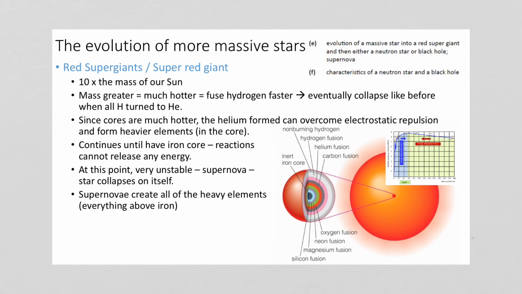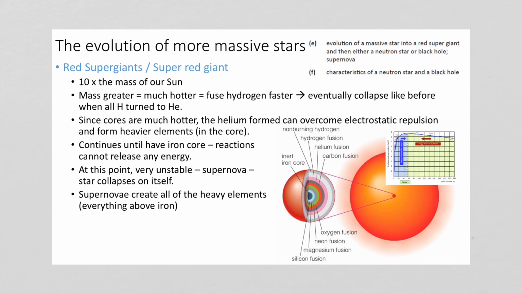With stars bigger than our own, or more precisely, 10 times bigger than our Sun and more, the evolution of a star is slightly different. So as the specification says, we get a red supergiant and then either a neutron star or a black hole with a supernova.